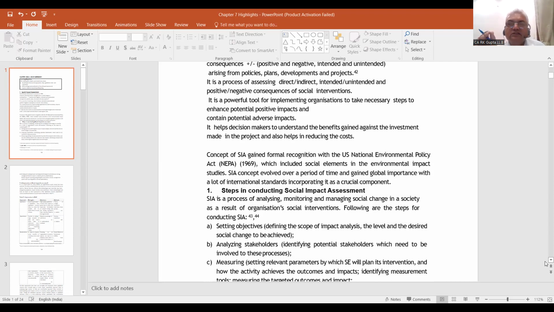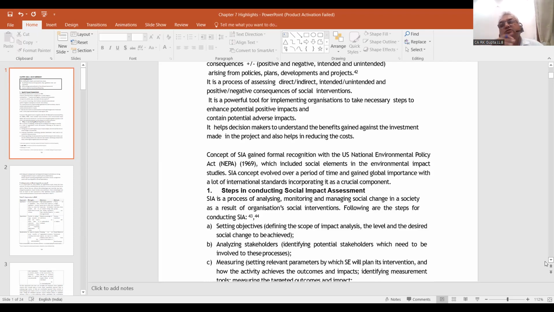Now whether that goal was achieved and what is the impact of that particular scheme, whether it had a positive impact, whether it had a negative impact, whether there were any direct or indirect or intended or unintended or positive or negative consequences of social interventions. Interventions are programs designed for achievement of social development goals.